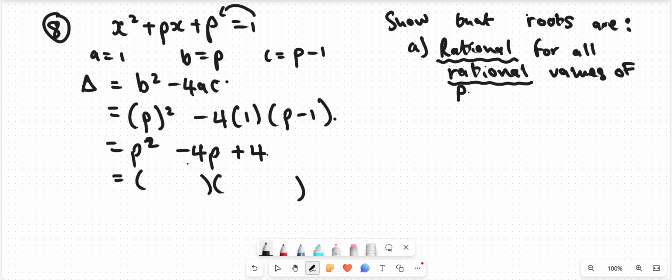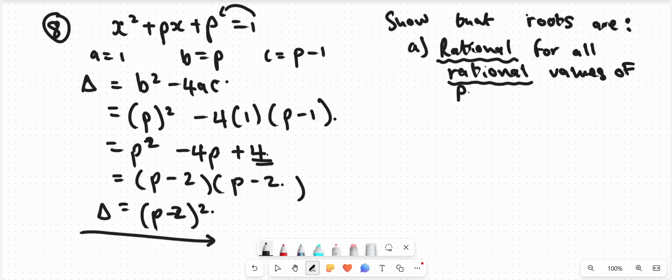Factors of 4 that add to give you the middle term, p, are a minus 2 and a minus 2, and you should notice that that bracket is the same, so it gives me this guy, and so my discriminant is equal to this guy.